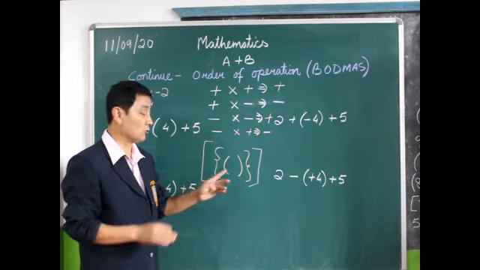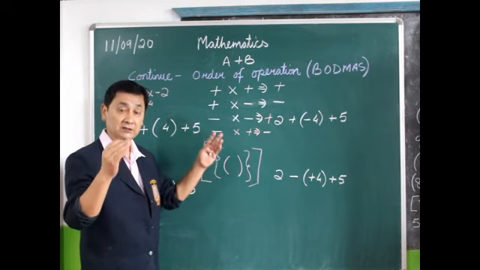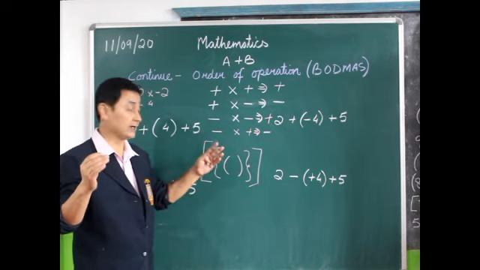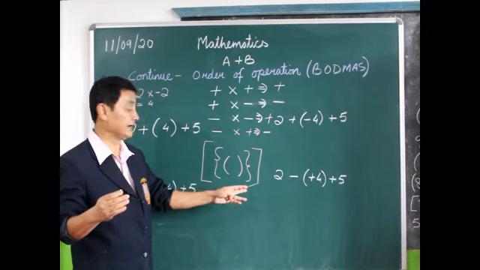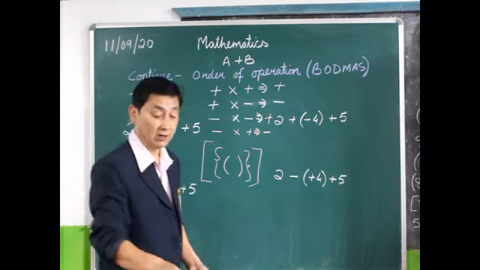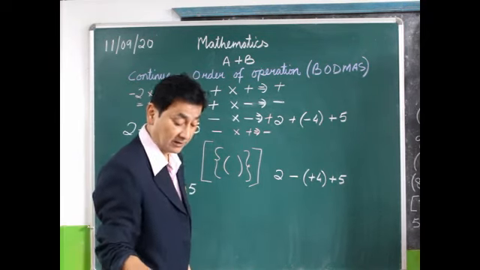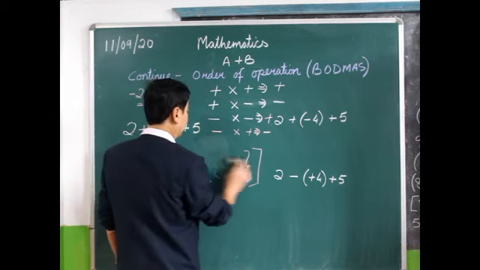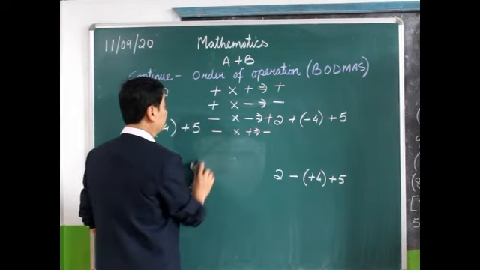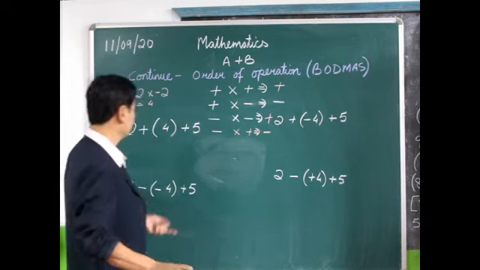And as we open, first the inside, then the outside, and in the end, the box bracket. And then whatever sums are there to be done, we need to do. So let's use this formula for these sums.